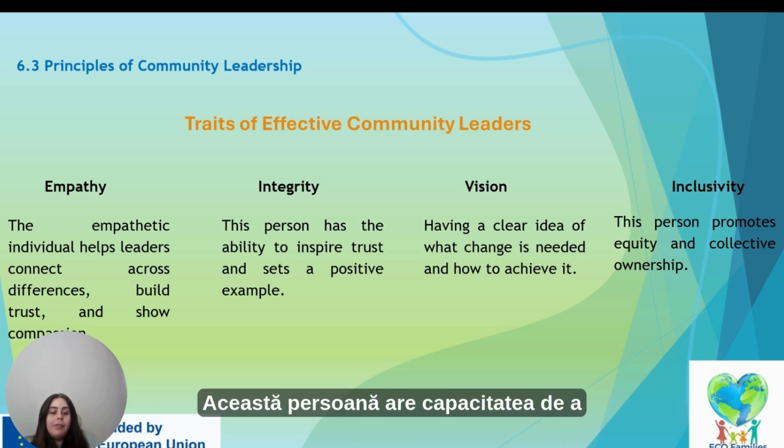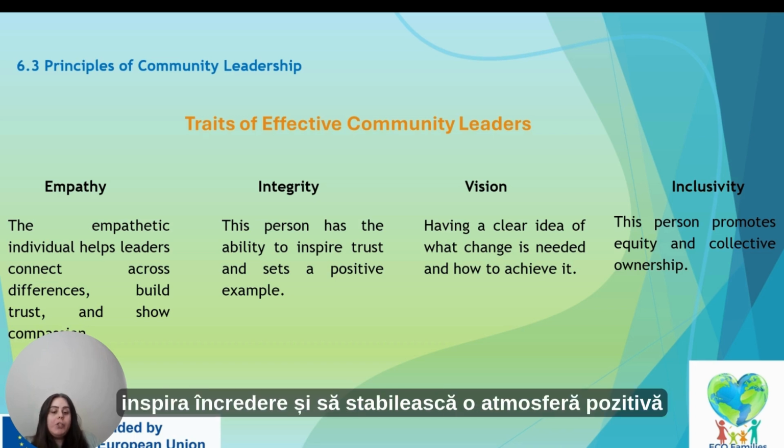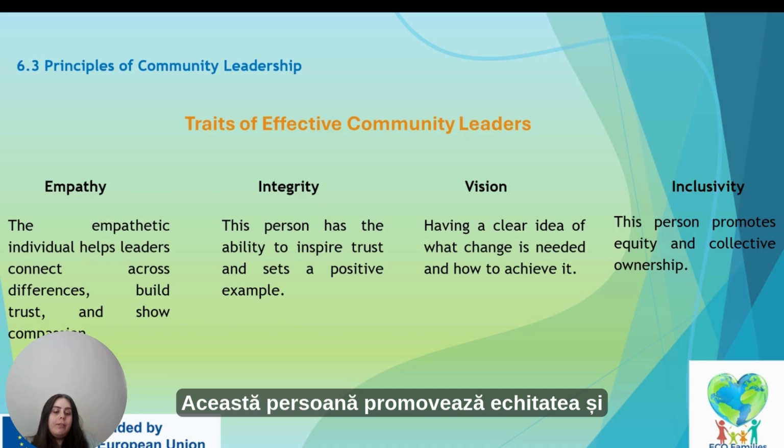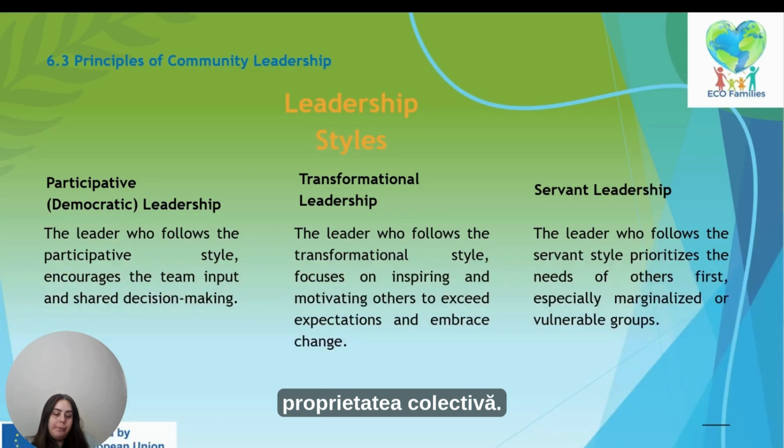Integrity. This person has the ability to inspire trust and sets a positive example. Vision. Having a clear idea of what change is needed and how to achieve it. Inclusivity. This person promotes equity and collective ownership.